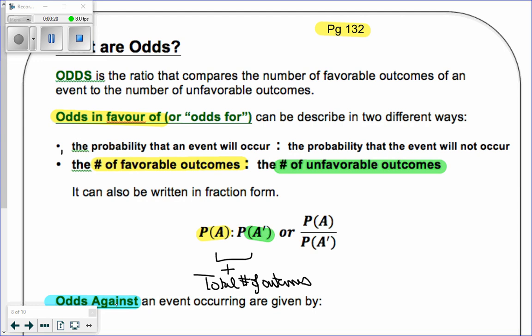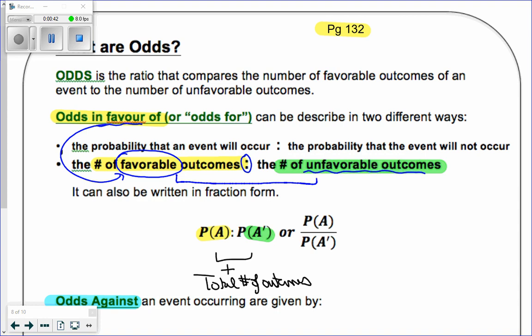If it says odds in favor, it's typically written as a ratio, with that colon sign. When it says odds in favor, the first number you'll see is the number of favorable outcomes. The second number is the number of unfavorable outcomes.